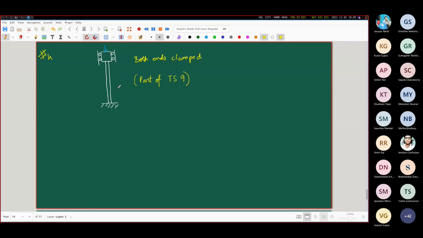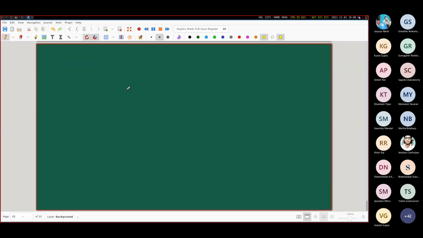Now, in each of these, you will notice that the critical load can be expressed as this kind of a formula: pi square EI by L effective square. So if you have a pinned end, which was our case number 1, then L effective was equal to L, and then you may have 0.5 L, you can have twice L and other things.